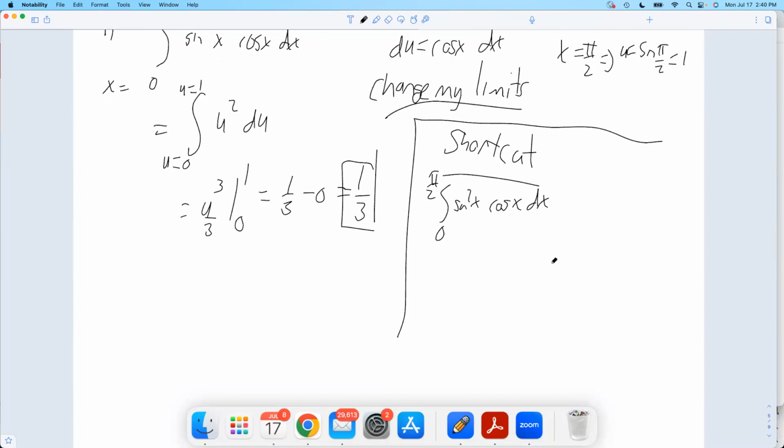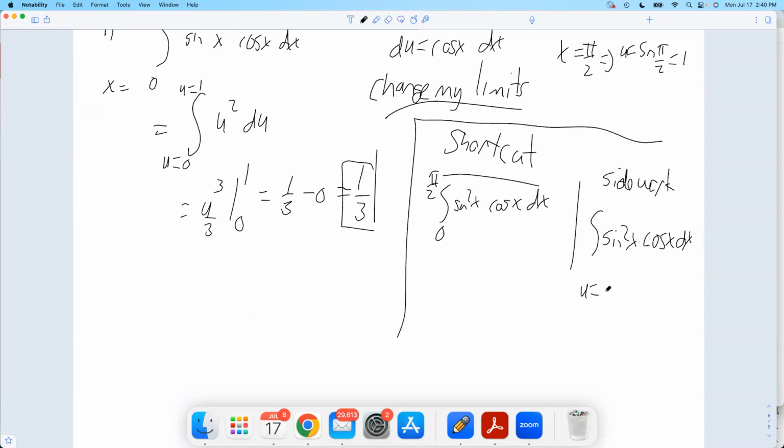I'm not going to put an equal sign here. It seems like a minor thing, but it's important. I am not going to put an equal sign here. I'm going to do side work and do the general antiderivative of sine squared x cosine of x dx. Forget about that definite integral. I'll come back to it.